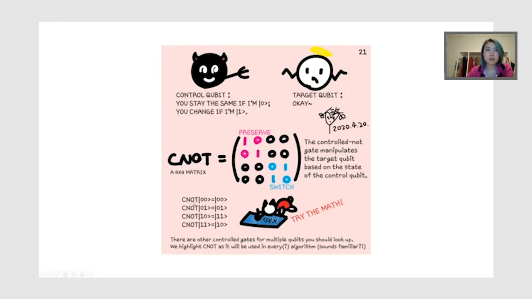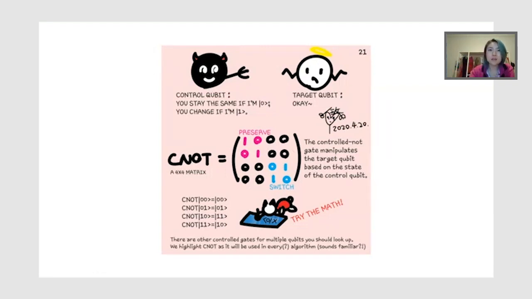The effect of CNOT is that if your first qubit is 0, then your second qubit doesn't change. If your first qubit is 1, your second qubit will be flipped. I would ask people to try the math, to try applying this 4x4 matrix to your vector.